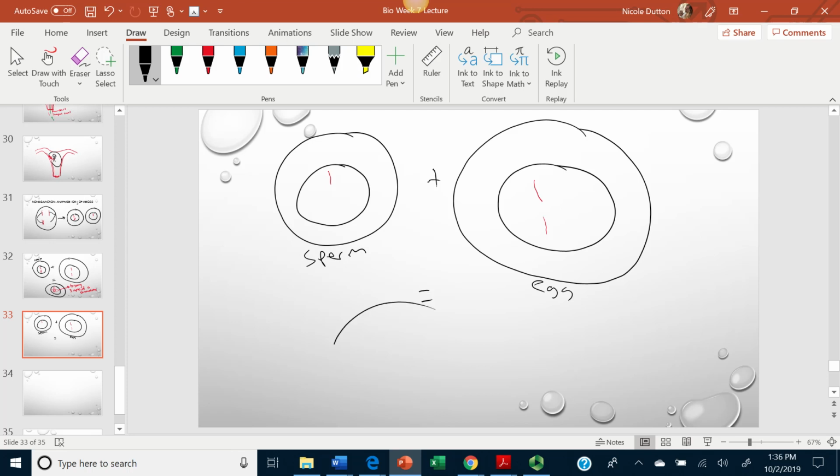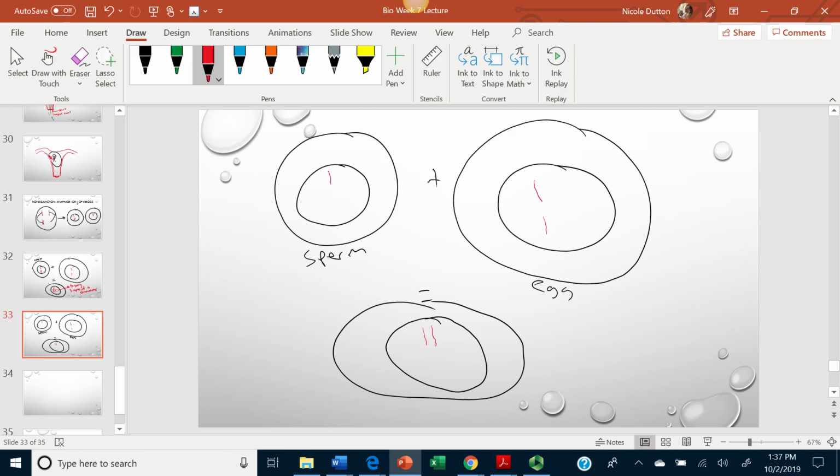When we look at the offspring here, this first one has 2 copies, so that's normal. But at the second location, we only have 1 copy because we're missing the copy. So this is known as a monosomy.